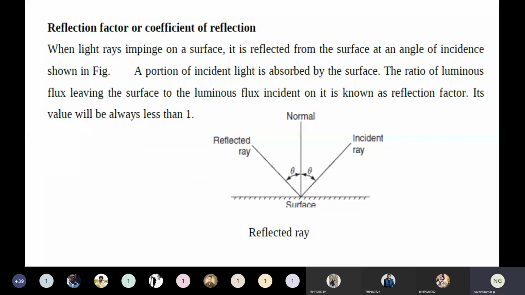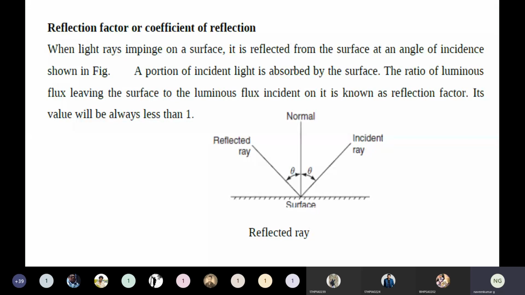Next definition is reflection factor. This reflection factor is also defined as coefficient of reflection. Whenever light rays fall onto a surface, some of these light rays get absorbed, and most of the light rays get reflected back. Here you are observing a reflected ray.